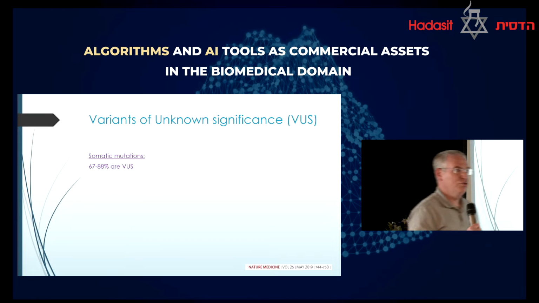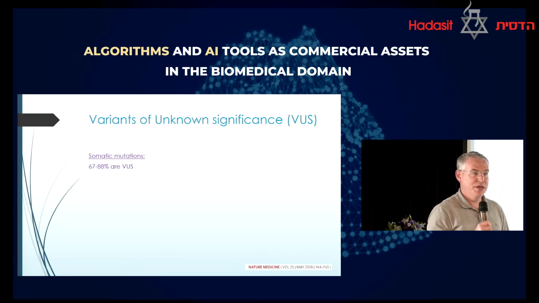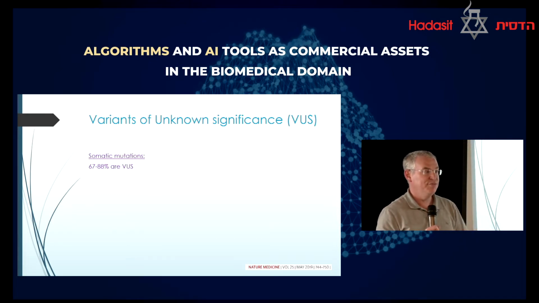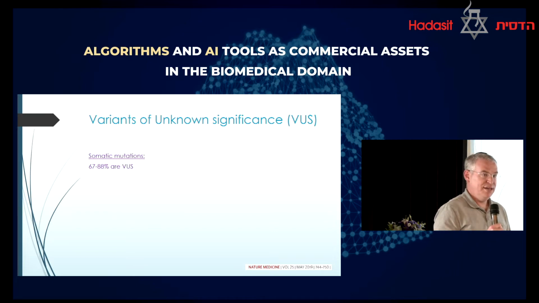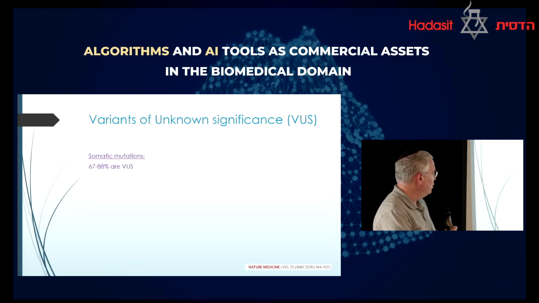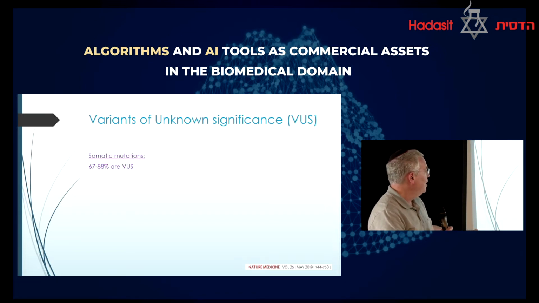We divide the mutations into two different types. There are somatic mutations that exist in the tumor itself, but not in all the cells of the patient's body. And there are germline mutations. Around 80% of all mutations that we find in cancer genes are somatic.